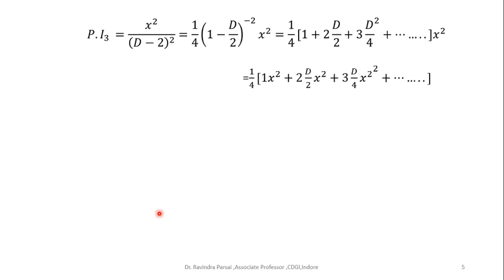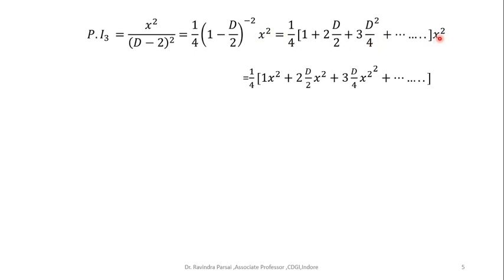Now concentrate on the particular integral in the third part, x square upon (D minus 2) whole square, which equals 1 by 4 of (1 minus D upon 2) whole raised to minus 2 of x square. We know the expansion of (1 minus x) raised to minus 2, and we apply it here: 1 plus 2x, where x is D by 2, so 1 plus 2 into D by 2 plus 3 into D square upon 4 plus and so on up to x square.